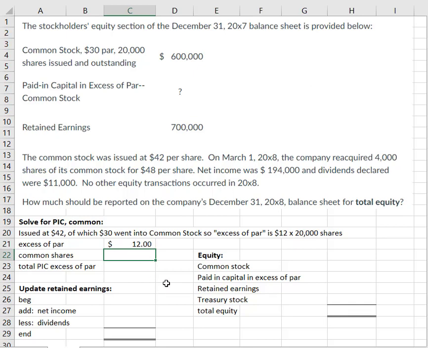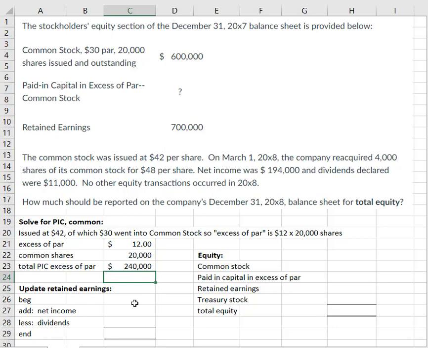And how many shares were there? 20,000. So you had to put the $12 times 20,000, that $240,000, into that paid in capital in excess of par account. So now we know those three amounts as our starting point.